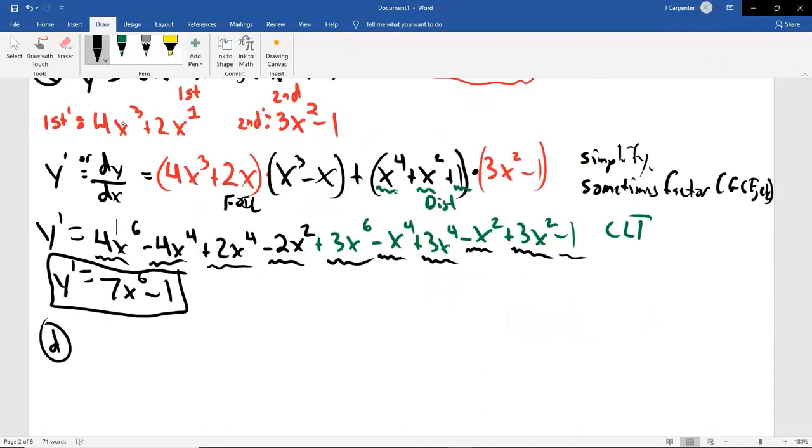So for D, which is my C, f of x equals, parentheses, x cubed plus square root of x, those are always fun, times 3x squared minus 5x plus 2.